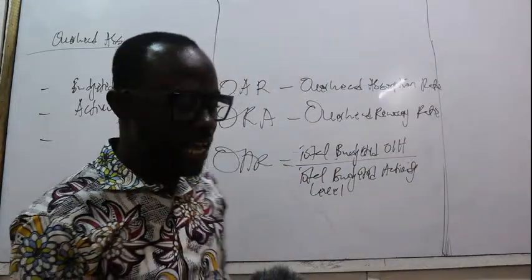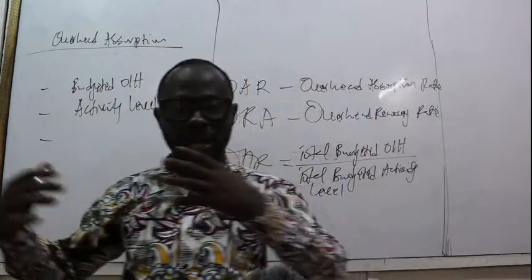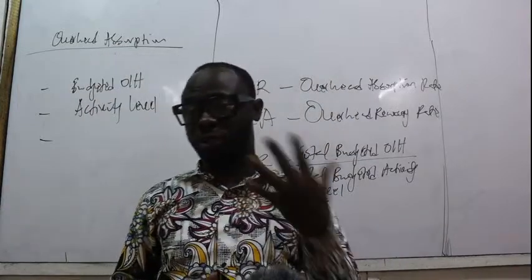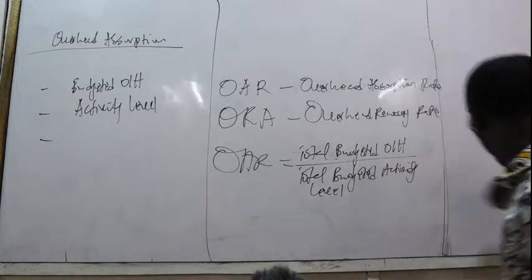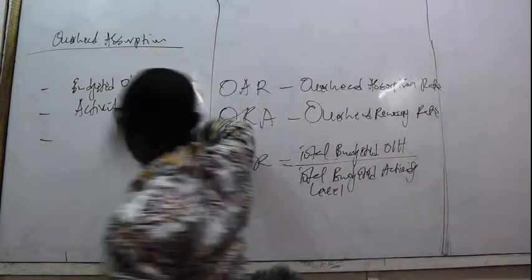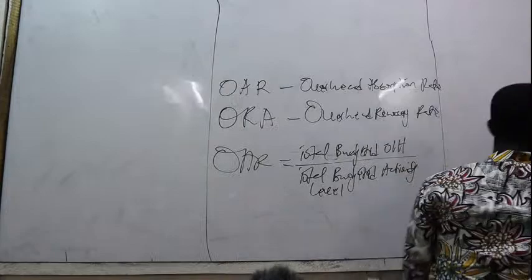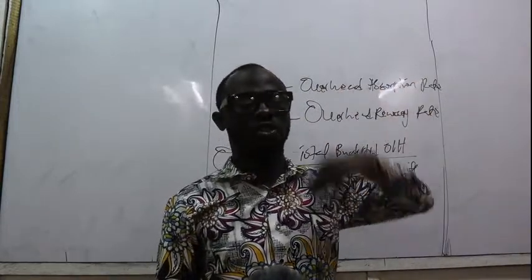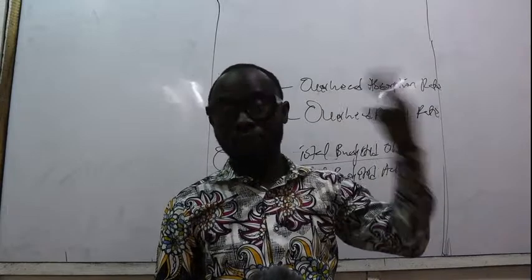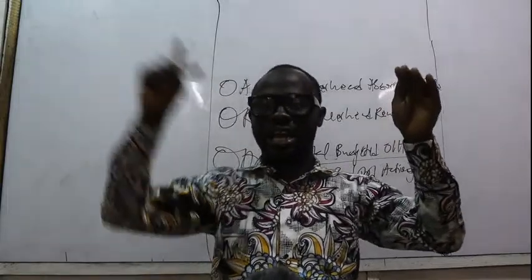But like I said, there are bases for the absorption of overhead. To be specific, there are 6 bases for the absorption of overhead. Remember, overheads can be absorbed using direct material cost, direct labor cost, prime cost, or labor hours, machine hours, and then production units.